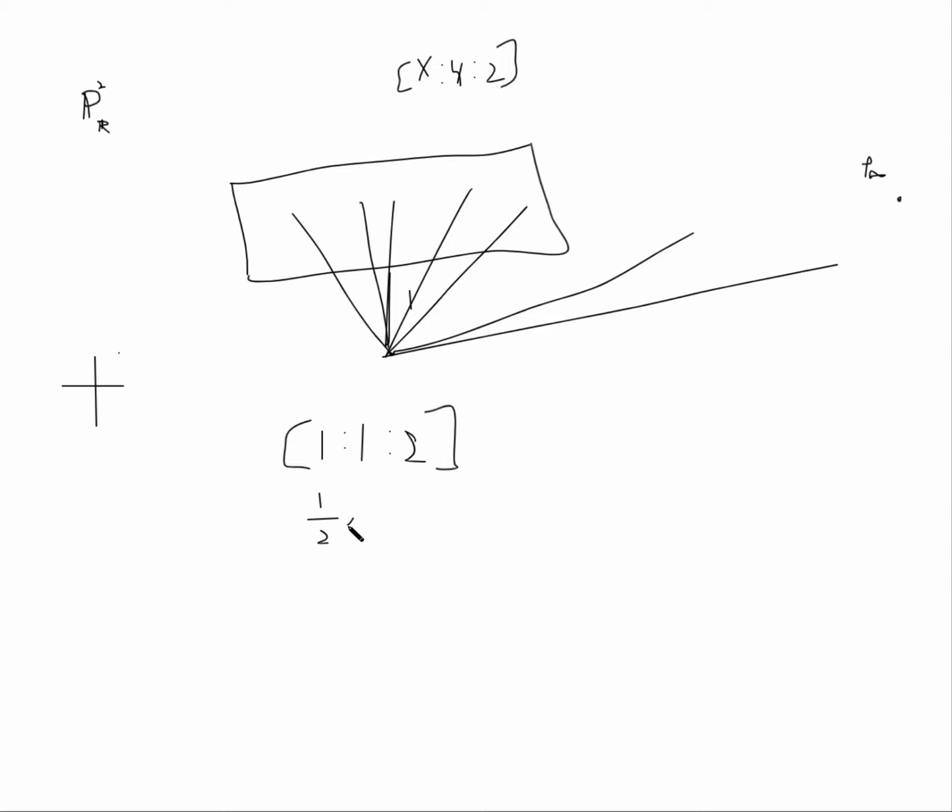Since z is not equal to 0, we can divide by z and associate this with the point (1/2, 1/2). So if this is the x-axis and this is the y-axis, then our point is (1/2, 1/2), somewhere around here. That's whenever z is non-zero.